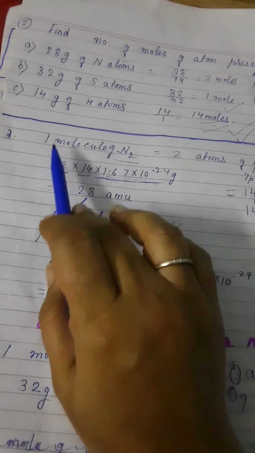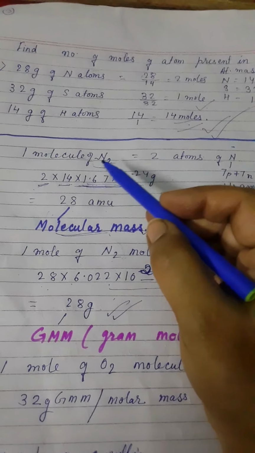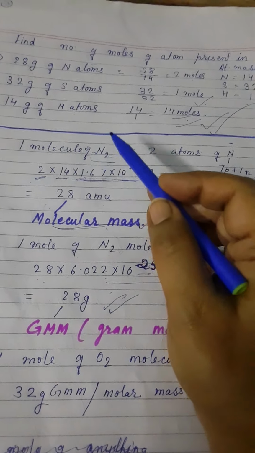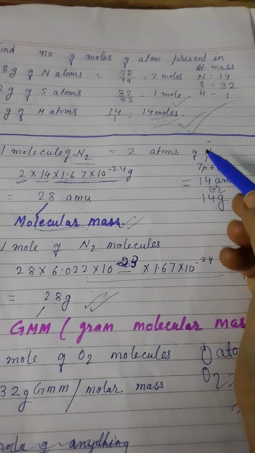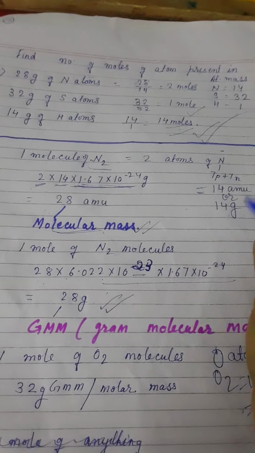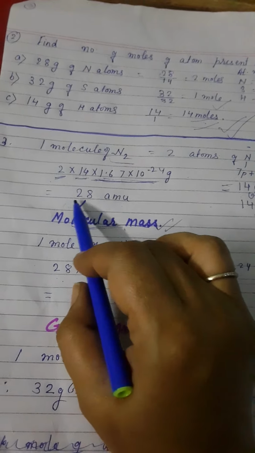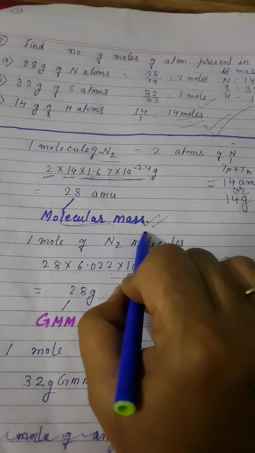Now see, one molecule of nitrogen. That means it has N2, it has 2 atoms. If the atomic mass of nitrogen is 14, what will be the molecular mass? Just multiply it by 2, 28 AMU. This is called molecular mass.